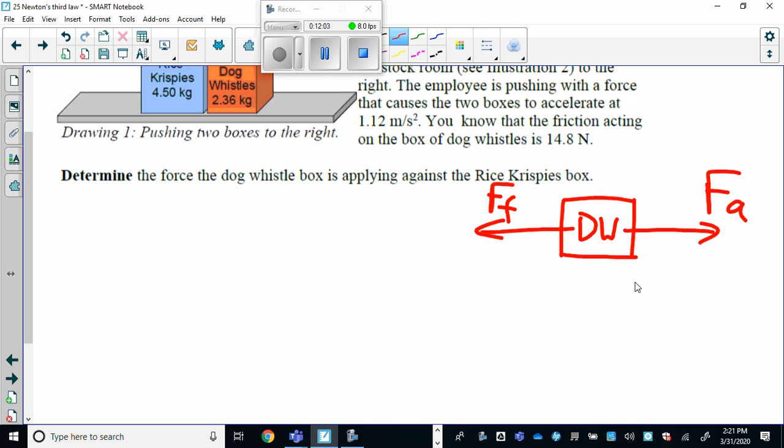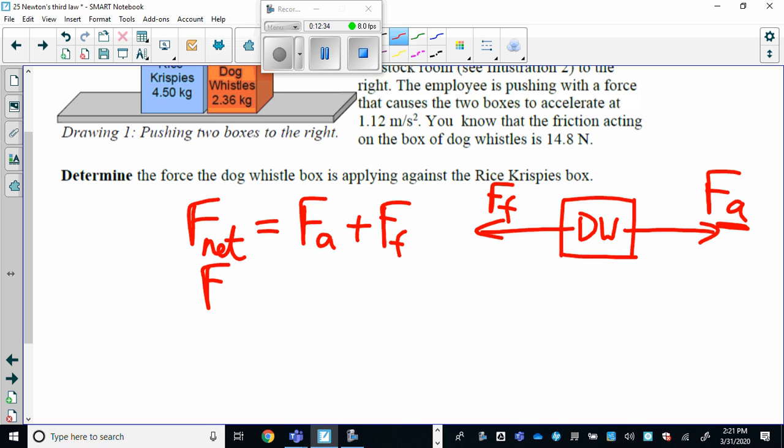I have to find out what the applied force is first, because it's not given to me in the question. So I'm going to use a net force, and here I have two forces acting on it: the applied force and the force of friction. My net force acting on the dog whistles is going to be my applied force plus my force of friction. And the one that I'm solving for here is my applied force.